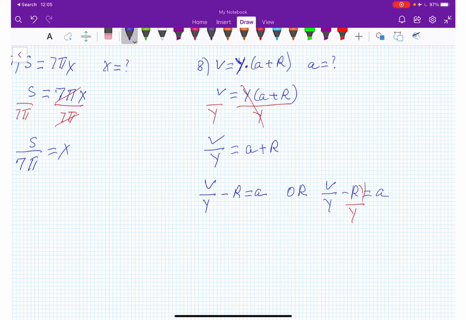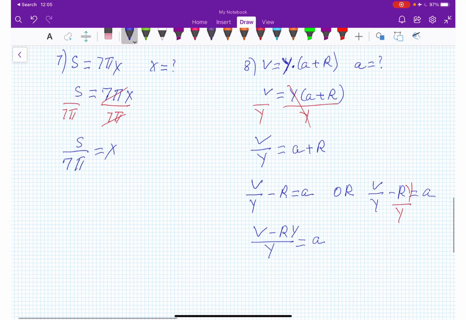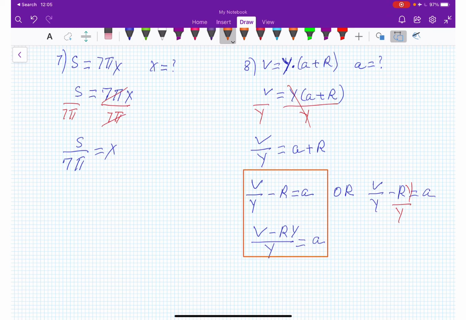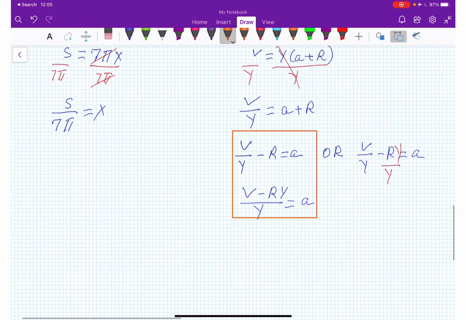And I'm going to get v minus ry over y is equal to a. So either this or that, these two, same answer. It depends on the situation; you might want to use one format or another. It's entirely up to you. Next one, question number 9.